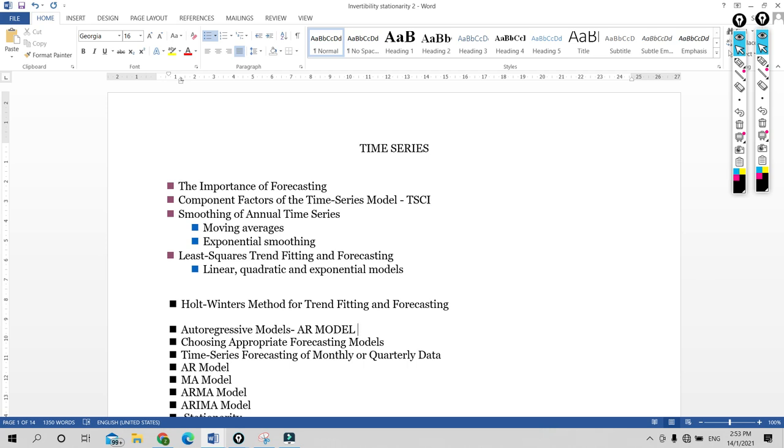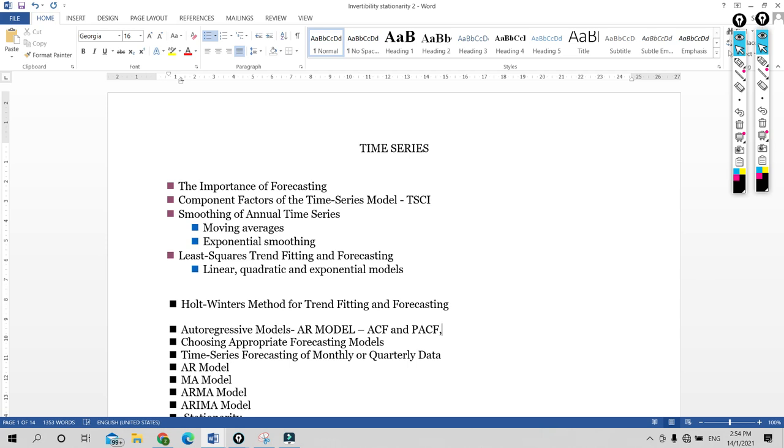Normally we use ACF, the autocorrelation function, and we have also used the PACF, the partial autocorrelation function. And then there is one more method that will be discussed in this lecture.